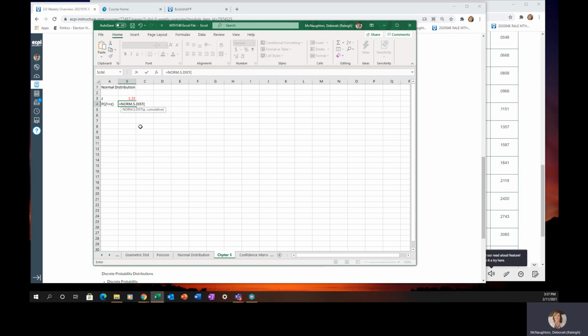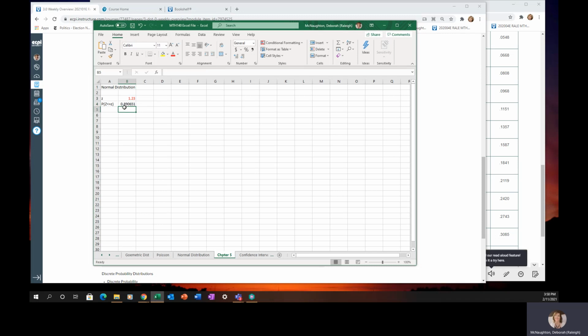So I'm going to grab that, and all I need is the z-score, and cumulative should always be true. I don't know what it spits out when you say cumulative is false, because there is no such thing as an exact value for a continuous distribution. So we just want to make this true. So again, it's z and then true.